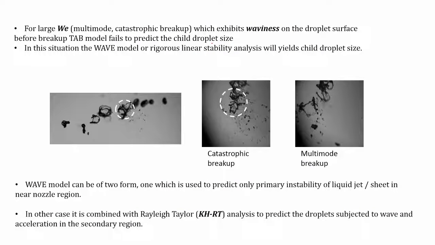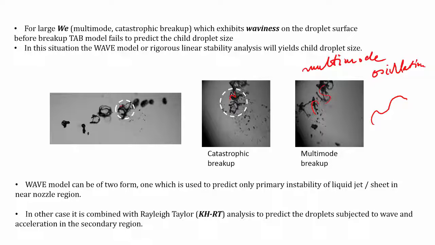For a higher Weber number case, if you look at this picture over here, you will always see some degree of oscillations or periodicity within the droplet surface. So, it is basically a multi-mode oscillation, and that usually happens on the surface, as waviness on the surface.